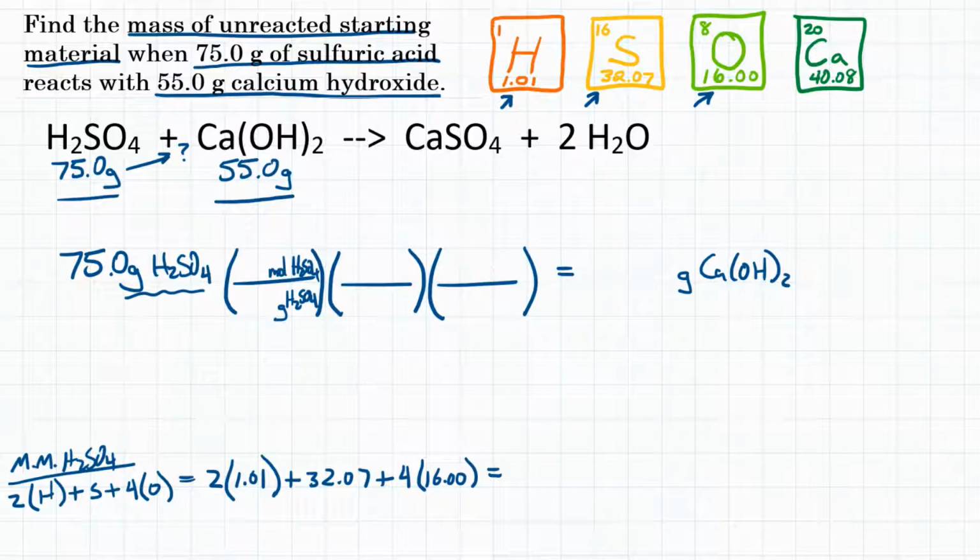Punch that in your calculator, hit equals, and we get that the molar mass of H2SO4 is 98.09 grams per mole.